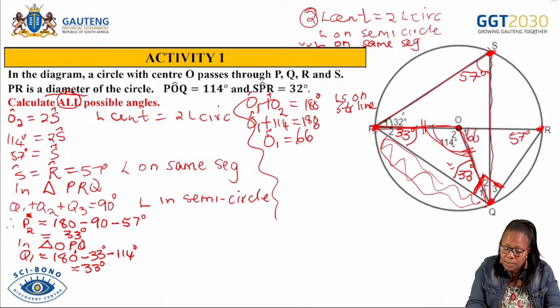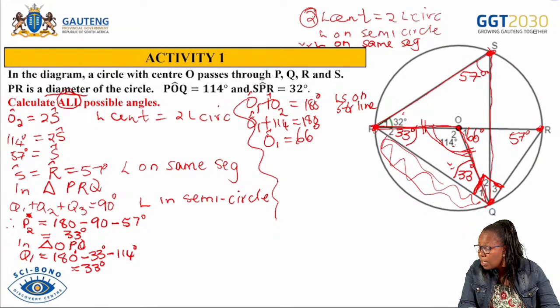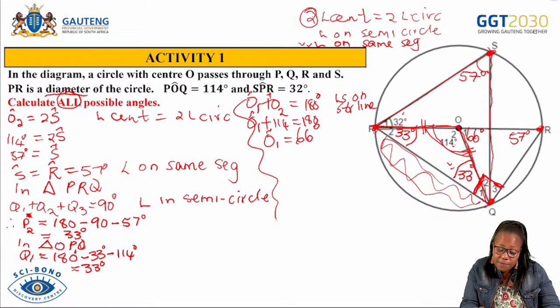So this will be 66 degrees there. You can continue, grade 12s, looking for other angles until you have exhausted the diagram. I think we have now exhausted this one. If you look at this again, it has a relationship with that 33. This is the center angle of that one. As you can see, that is double that particular angle. Let's continue.